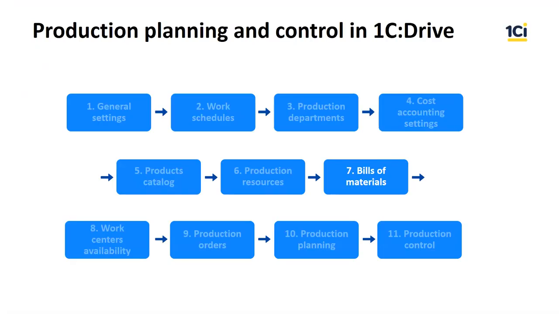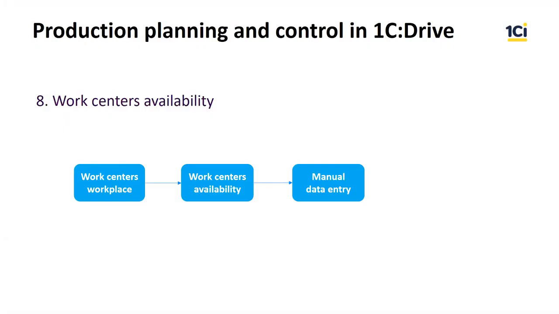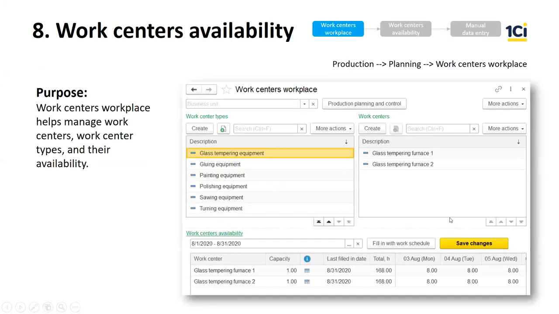We're getting closer to production planning, and the next step is to register work centers availability. And here we will discuss the work center workplace. We've seen it before, how to set availability and adjust it manually if needed. So here's the workplace, and in the bottom part is where we define work center availability.